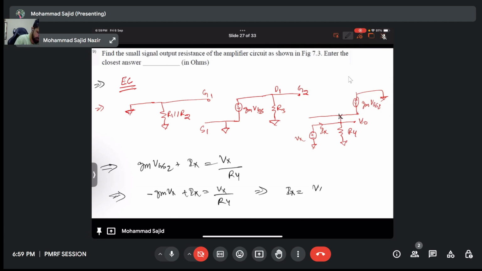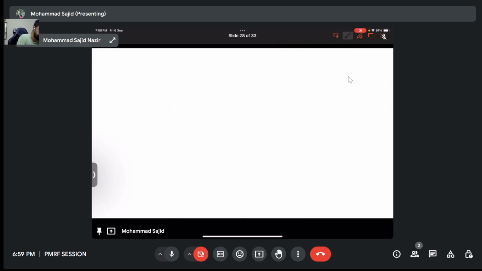So Ix will be Vx times the sum of 1 by R4 plus Gm, and thus R, which is Vx by Ix, will be equivalent to 1 by the sum of 1 by R4 plus Gm.